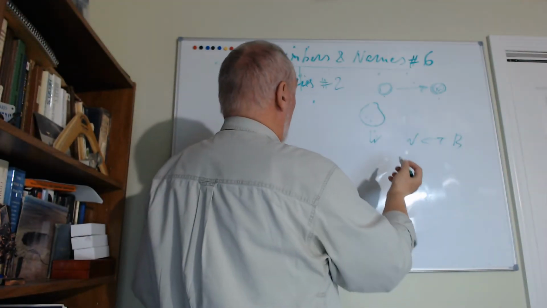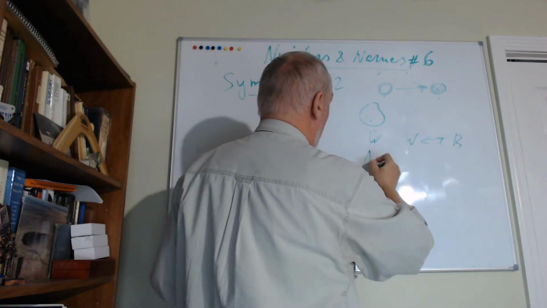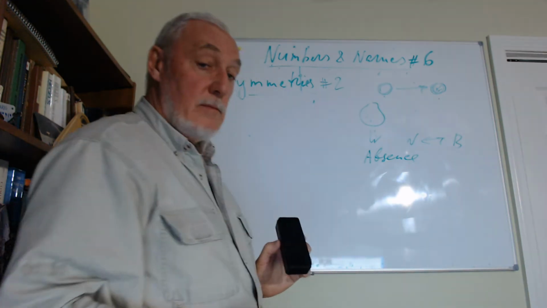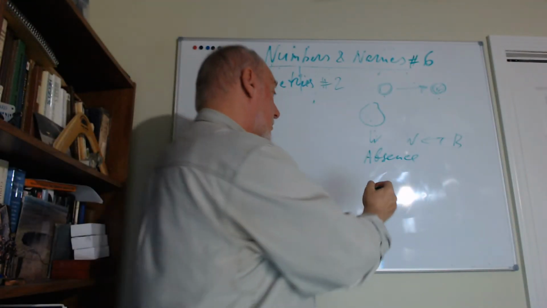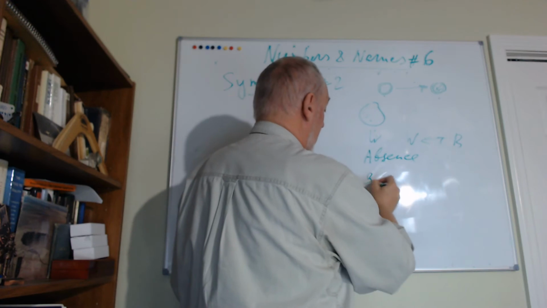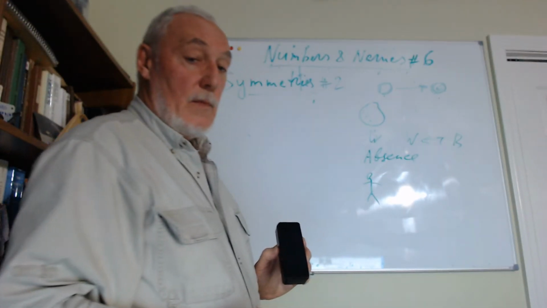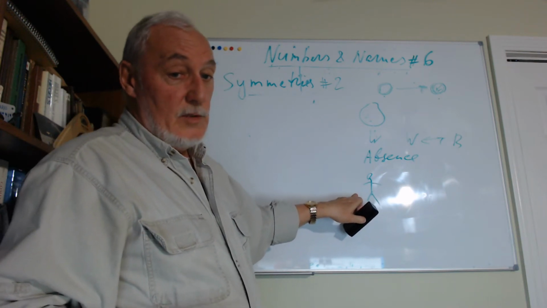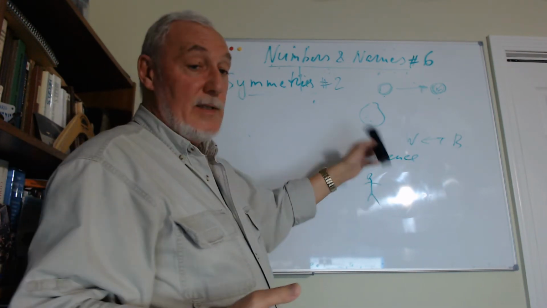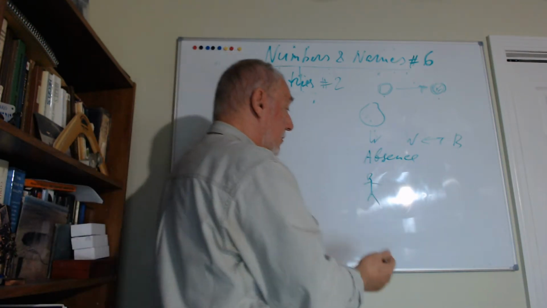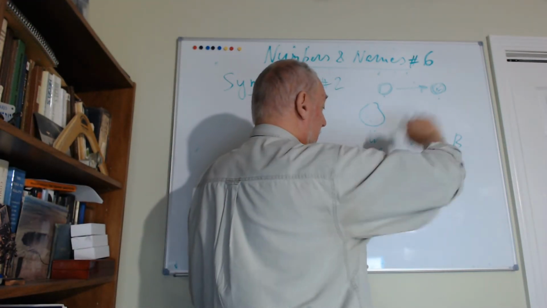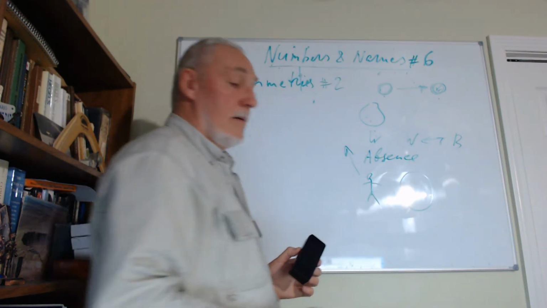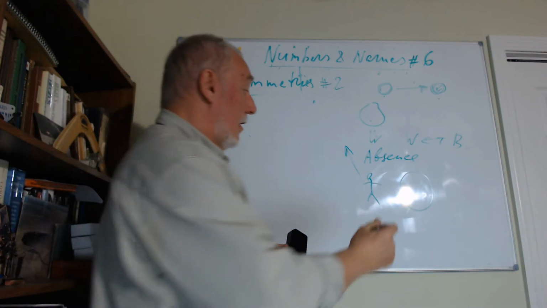Now the other example, which is called absence. Imagine that we have some object, like some person, and then this person disappears. Not that he died or something, he just went somewhere we don't see. He goes through the door somewhere, and now there's nobody here. What do you think?